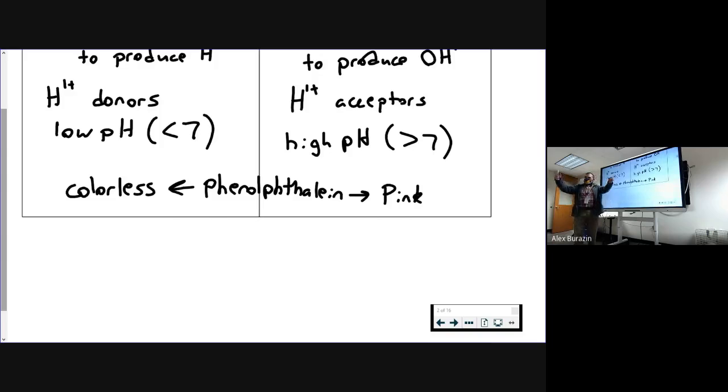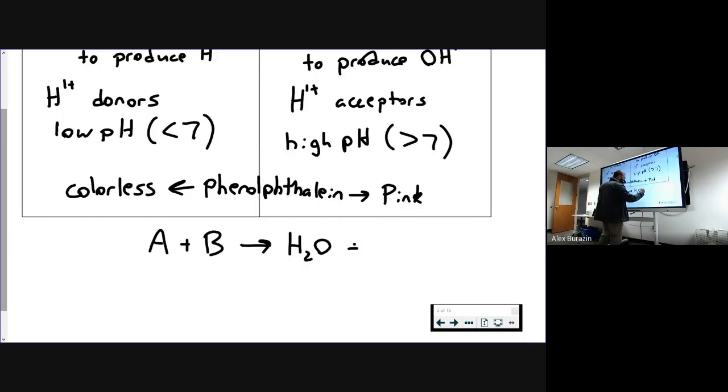Acid, base, then what? What happens? You make water and salt. They neutralize one another. So I'm going to write it generically like this. A for acid, B for base, and when these react, I get water and salt. Okay, that's the generic setup of an acid-base neutralization, right?